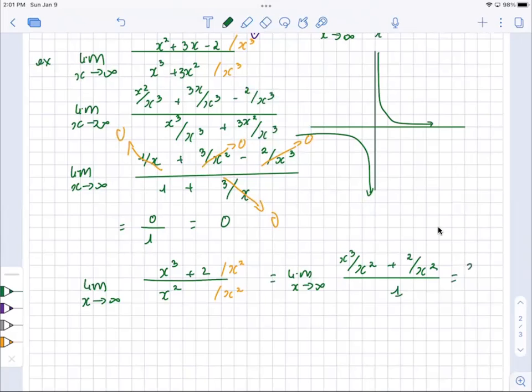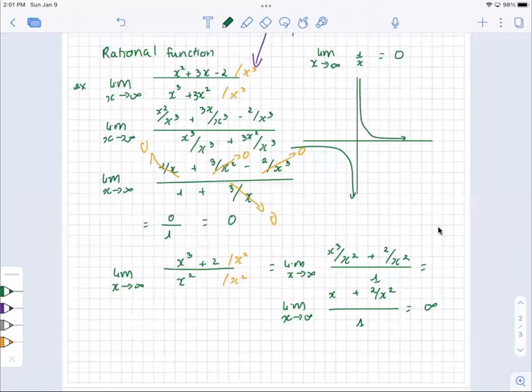And that is just equal to the limit as x approaches infinity of x plus 2 over x squared over 1, right? And you know that this limit is 0 and this limit is 1. And so therefore, the limit as x approaches infinity of x is infinity.